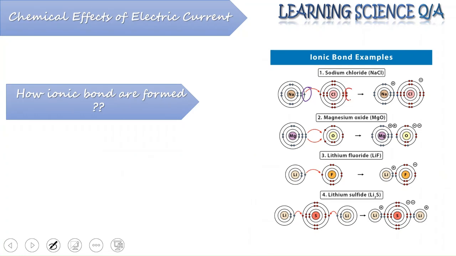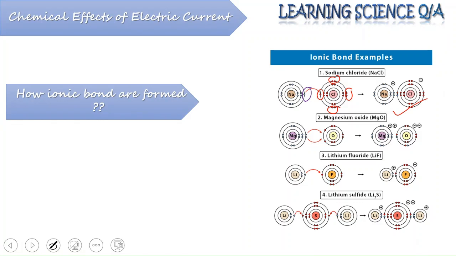You can see it here, right? Upon taking one electron from sodium, the sodium becomes sodium ion, Na+, and chlorine becomes chloride ion, Cl-, and they can form an ionic bond making NaCl.